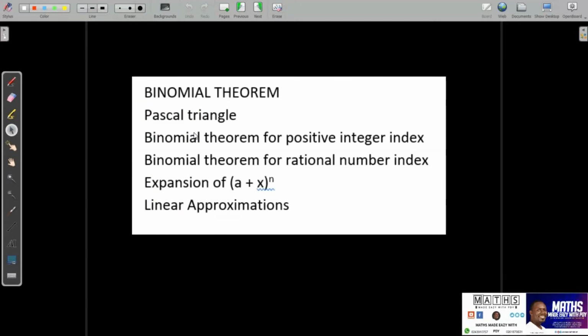So without wasting time, let me explain it in detail so that you understand what we are going to do in general.